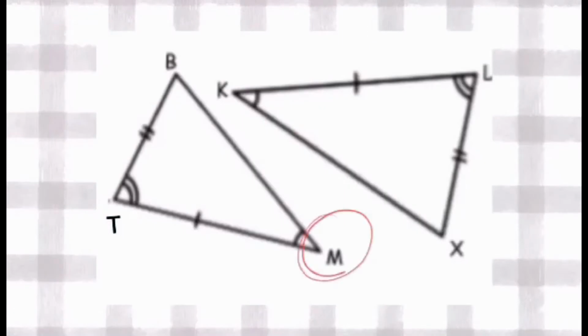As you can see, angle M is congruent to angle K, angle T is congruent to angle L, angle B is congruent to angle X, side MB is congruent to side KX, side MT is congruent to side KL, and side BT is congruent to side XL. Therefore, triangle MTB is congruent to triangle KLX.